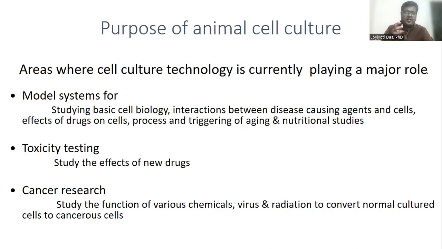Okay, and we know that cancer occurs due to mutations in the genome. Okay, and where does the genome lie? Genome lies inside the nucleus, inside the cells, right? So again, you need a model cell system on which you can study the effect of a carcinogen. Carcinogen is a substance that causes cancer.